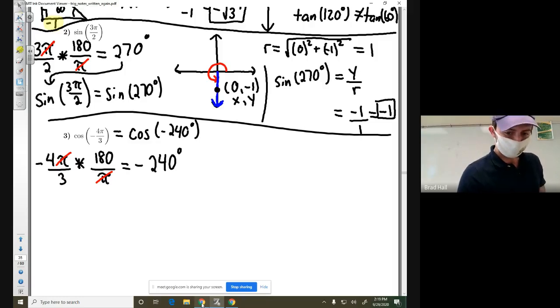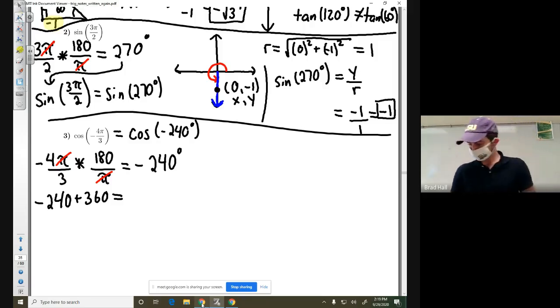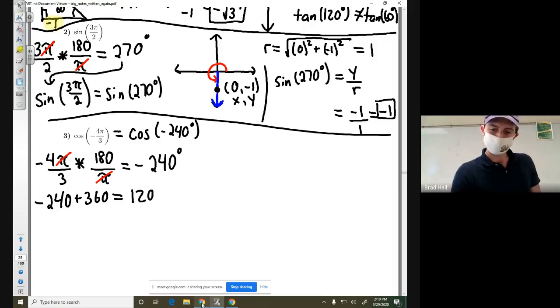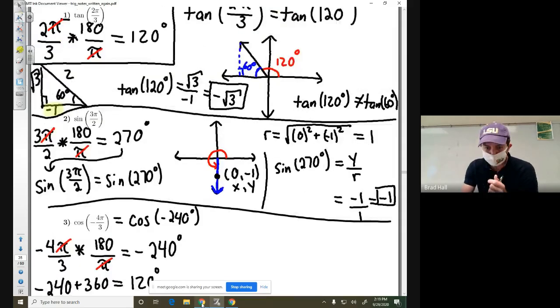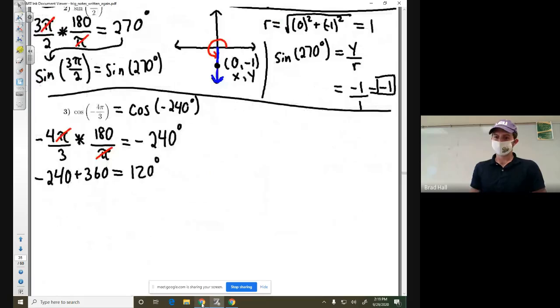So we're going to add 360, because we're going to find a positive coterminal angle to replace this with. We get 120 again. It's kind of boring. We just had 120. Oh well, we get 120 again.